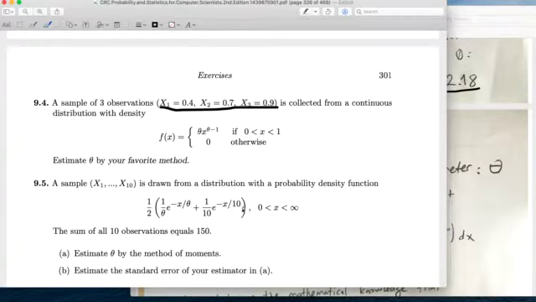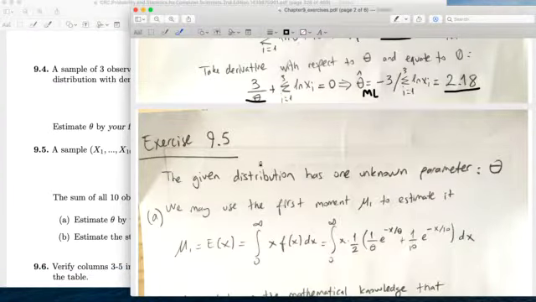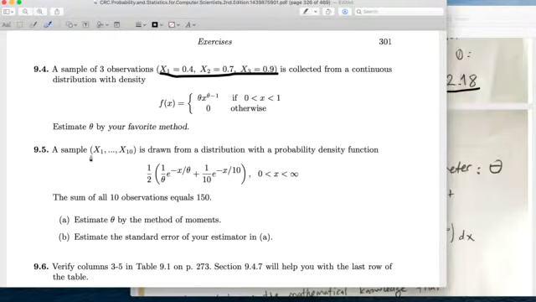All right. So now in this exercise we have again one unknown parameter theta, and the sample size is 10, and the distribution is from 0 to infinity. It's not bounded as in the previous exercise 9.4.